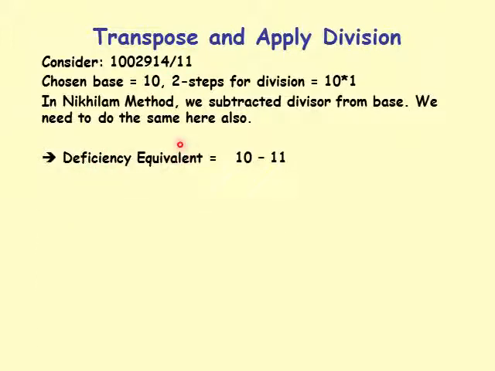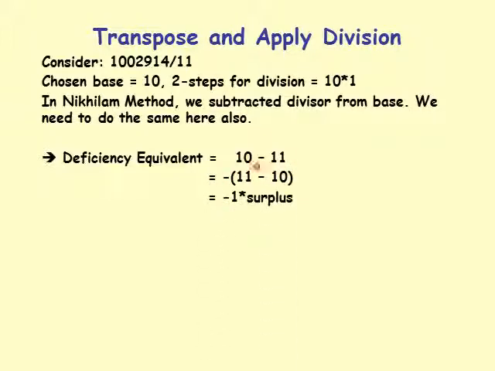So in Nicholas method, we computed a deficiency, and its equivalent here, when 11 is more than the base number, the divisor is more than the base number, would be 10 minus 11, which is equal to minus of 11 minus 10. We just applied a transpose here.